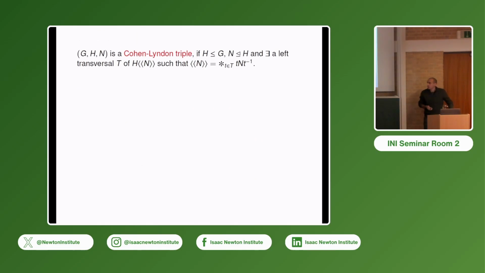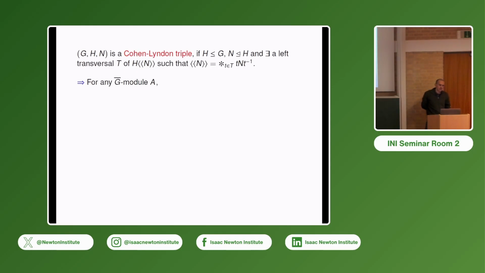Right, so I just copied the same definition for the Cohen-Lyndon property, and I just want to mention a consequence of this. This is an earlier work of ours with Dehn, which is of a more homological nature, I would say.